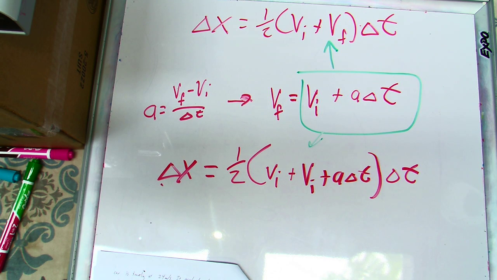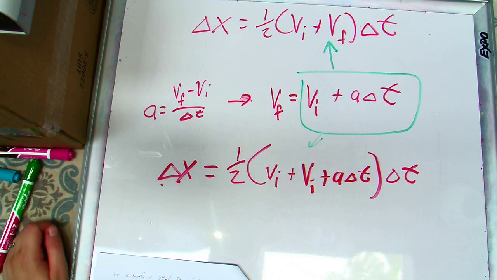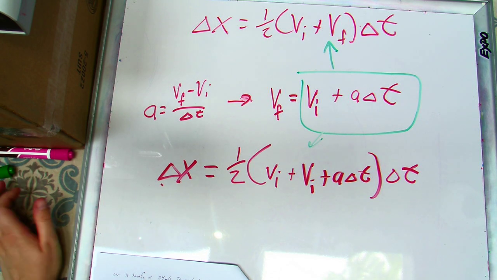Now I know this looks scary. I'm just showing you how we get the final displacement equation. That's all I'm doing right now. I'm just showing you how we get the equation.